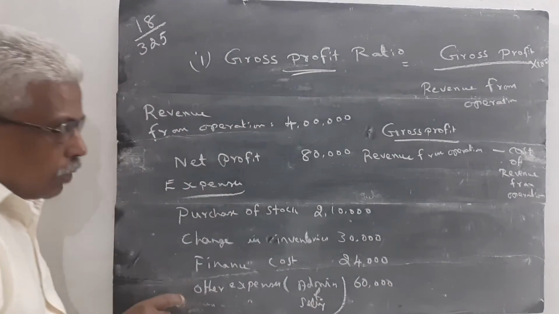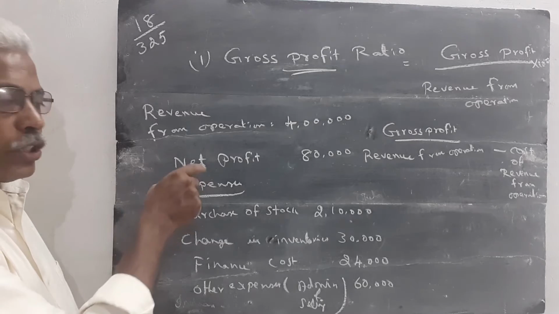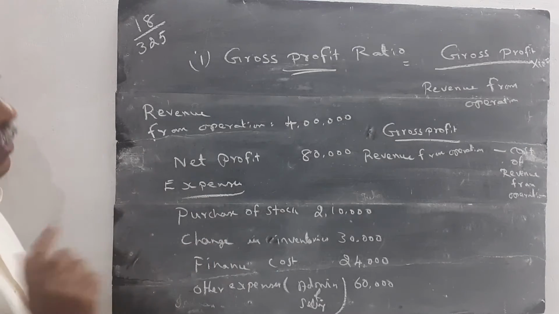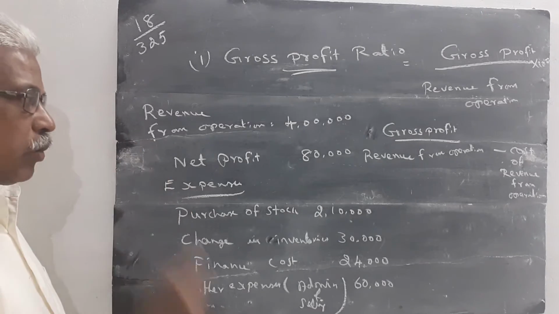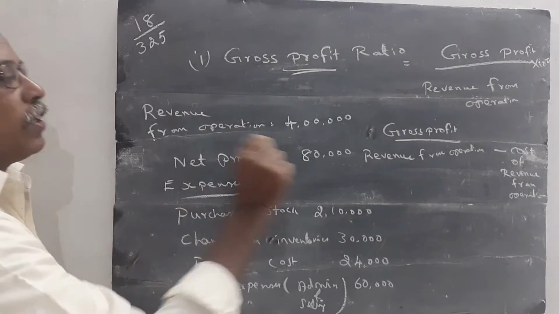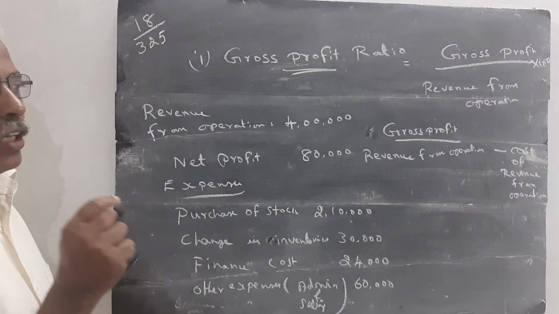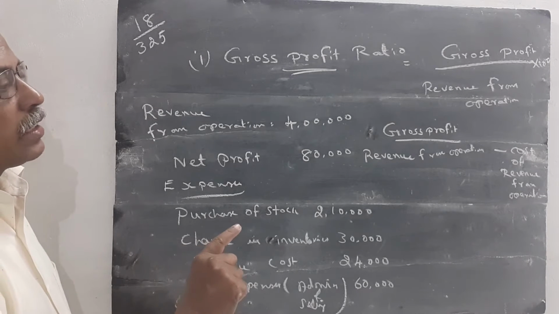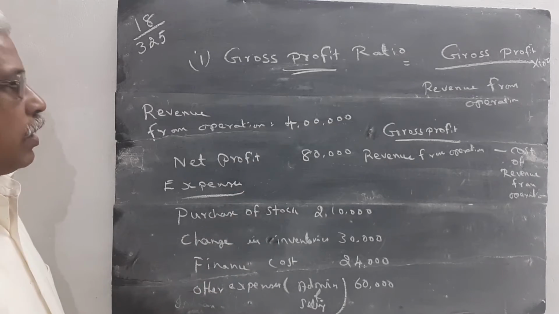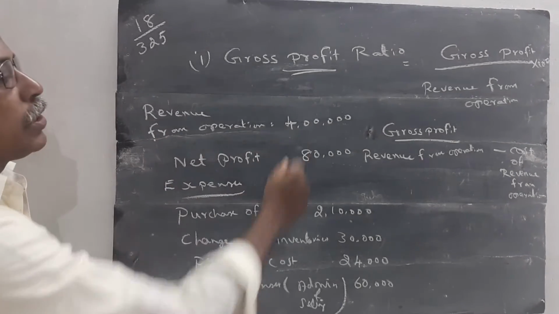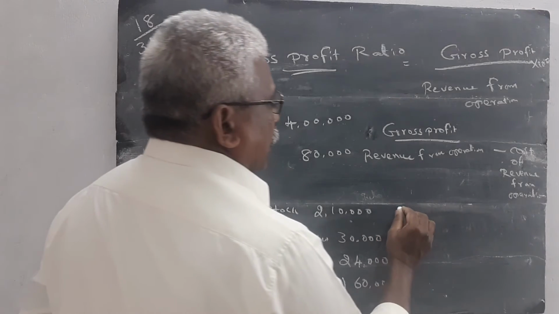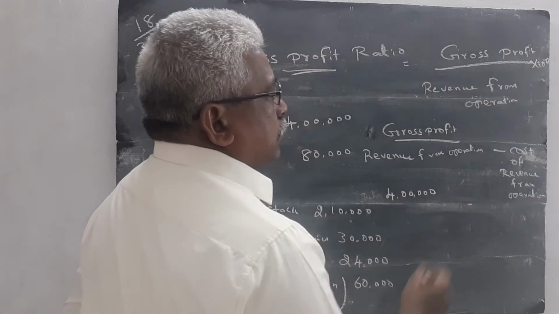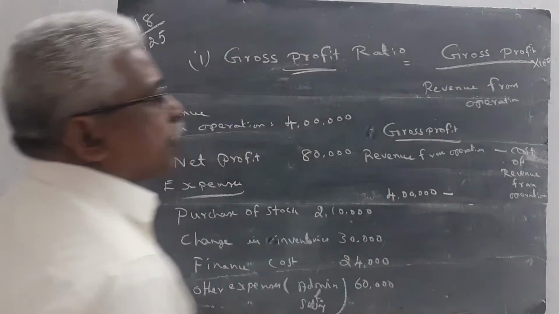In some problems, the gross profit is given in the question itself, but in this question it is not given. So we calculate it first. Gross profit is equal to revenue from operation minus cost of revenue from operation. Revenue from operation is 4 lakh, minus cost of revenue from operation.